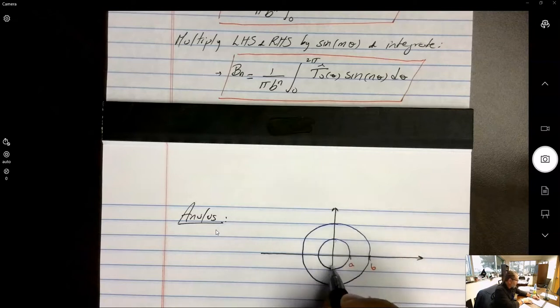We're going to have first kind, second kind, or third kind inside, first kind, second kind, or third kind outside.